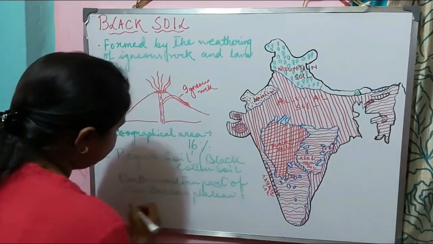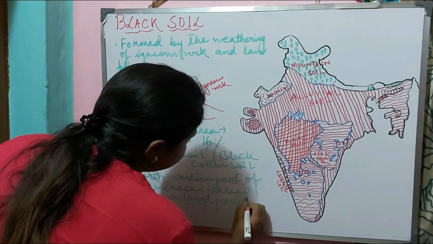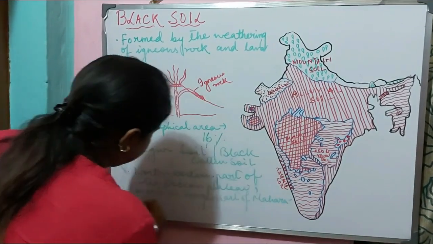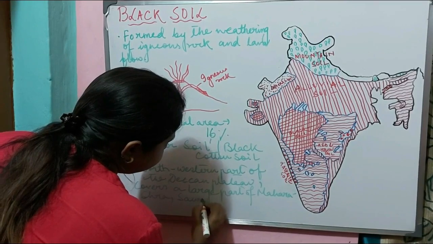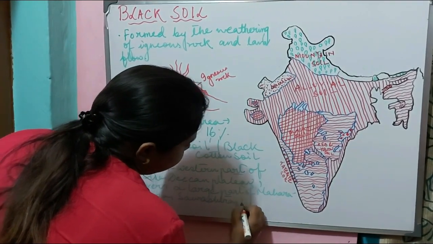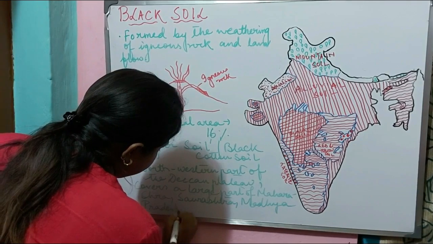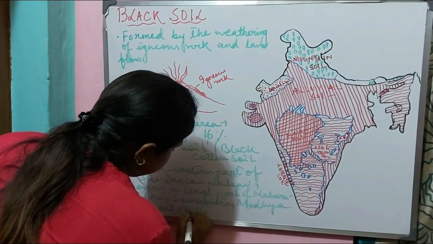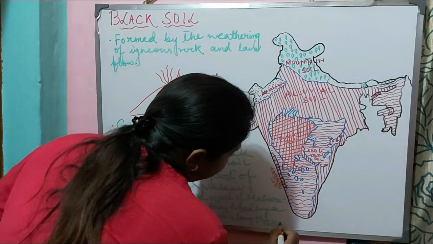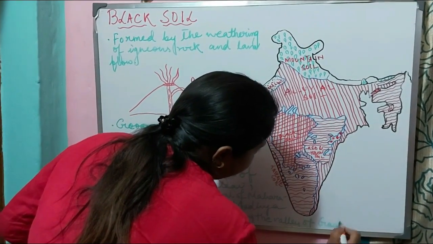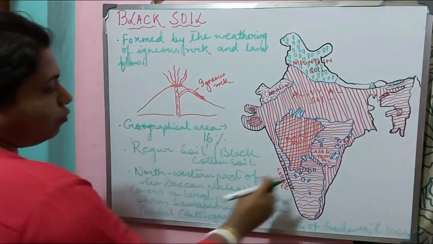See, the northwestern part of the Deccan Plateau covers a large part of Maharashtra, the Saurashtra region, Madhya Pradesh, Chhattisgarh, along the valley of Godavari and Krishna.